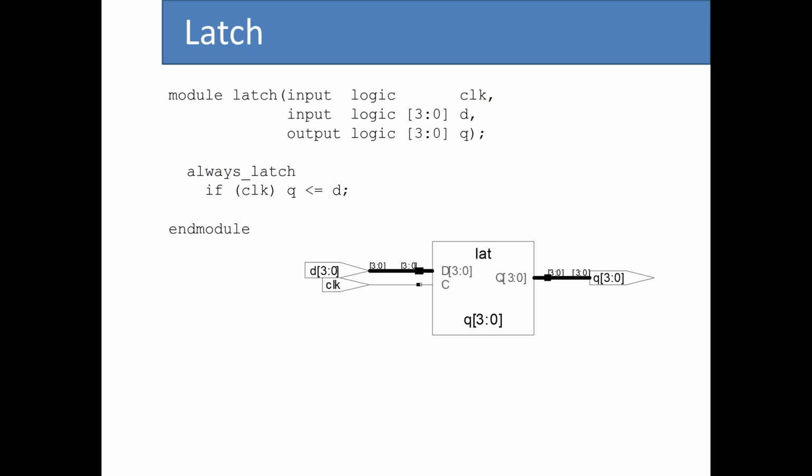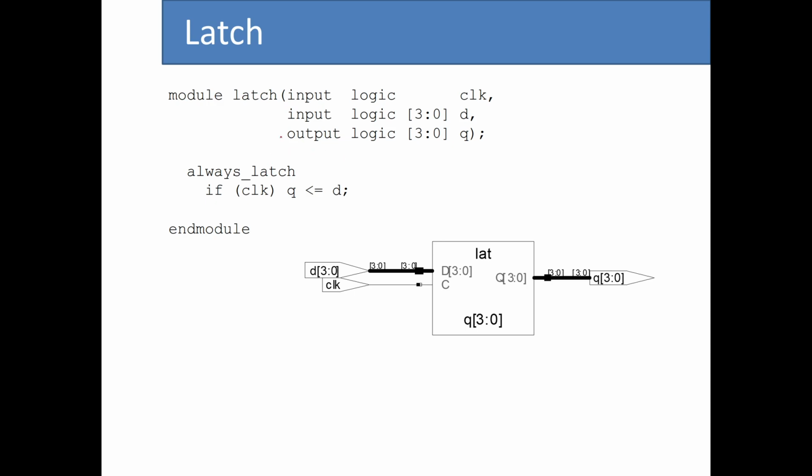For latches, as long as the clock signal was 1, the output would get the value for the data input. But for flip-flops, only on the rising edge of the clock or on the falling edge of the clock, the output would get the value for the data, and at all other times it preserved its previous value.